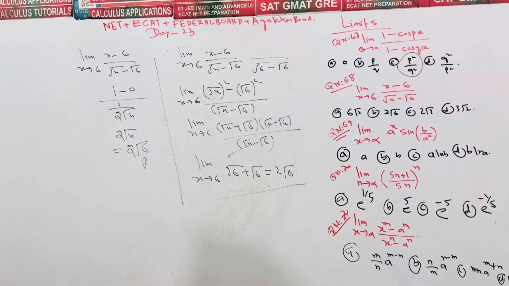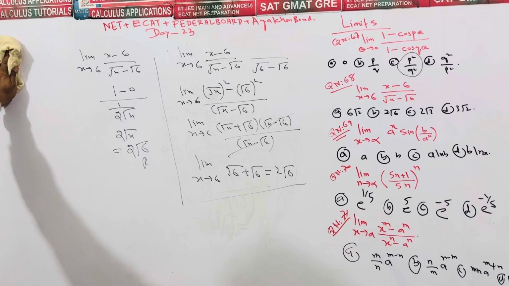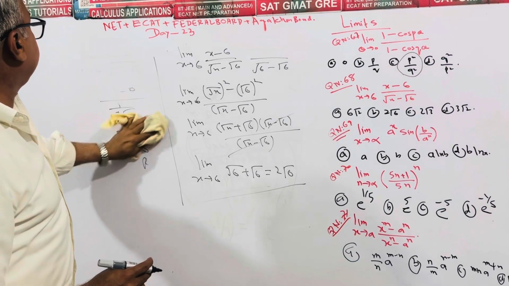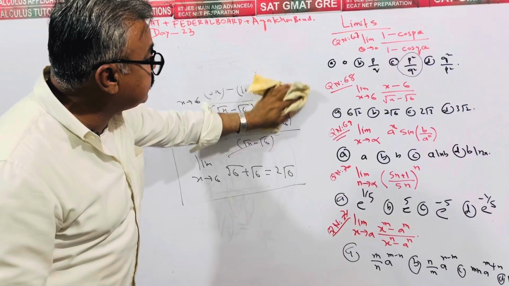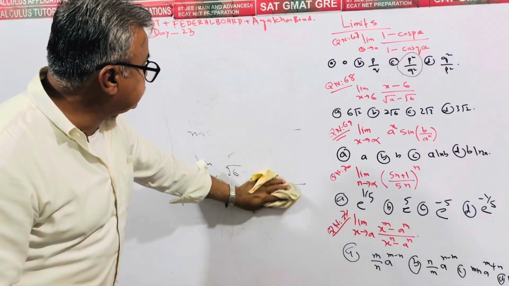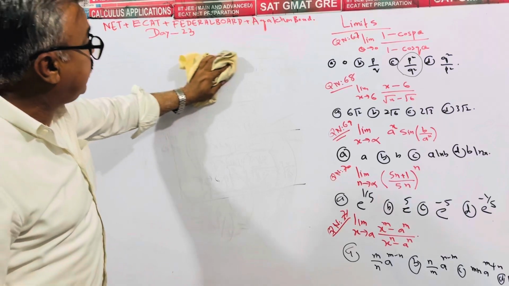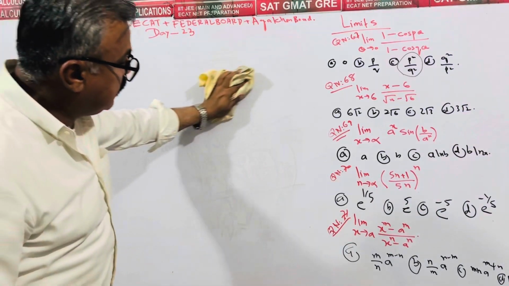You should be multi-dimensional to arrive at the result when hunting the questions of limit. Moving to the next question: limit x tends to infinity, a raised x, sin of b divided by a raised x. A good question.